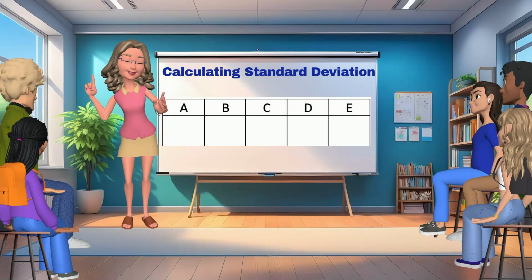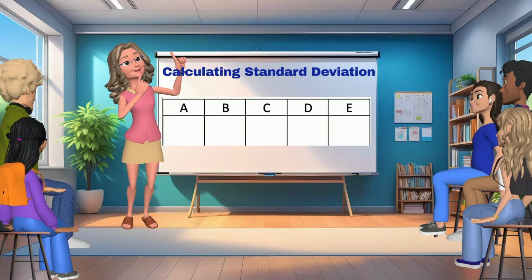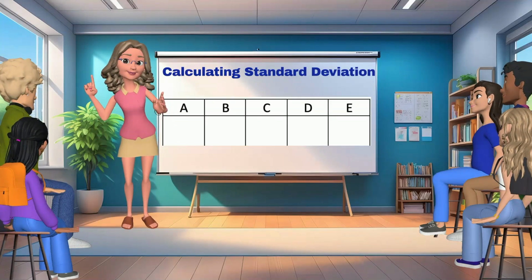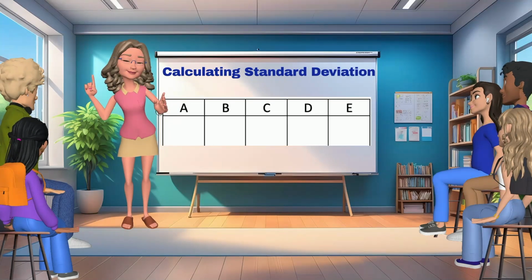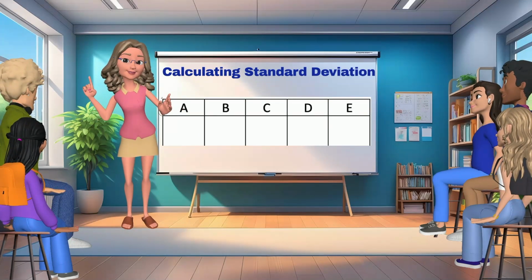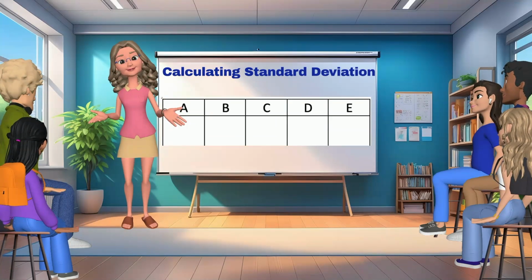Standard deviation measures how spread out the data points are from the mean. In AP Statistics, this is the most often used measure of variability, which we will explain more over time. We describe standard deviation as a measure of how much the data typically varies from the mean.